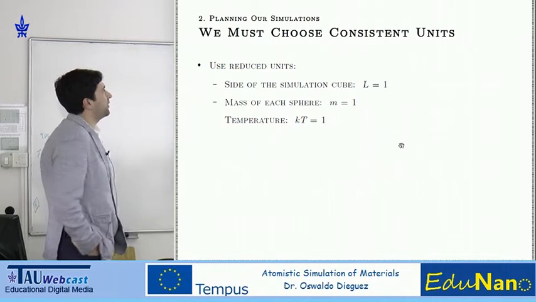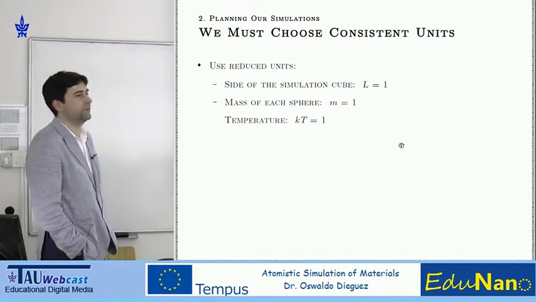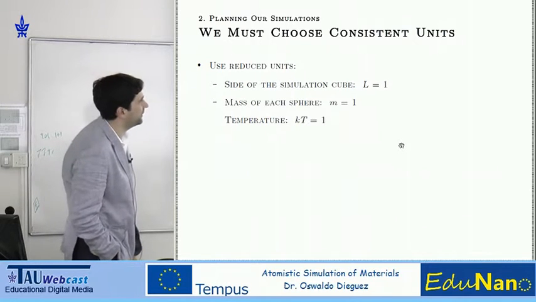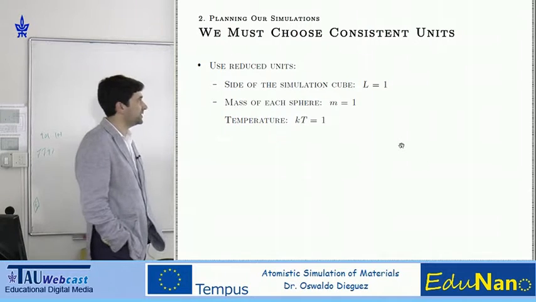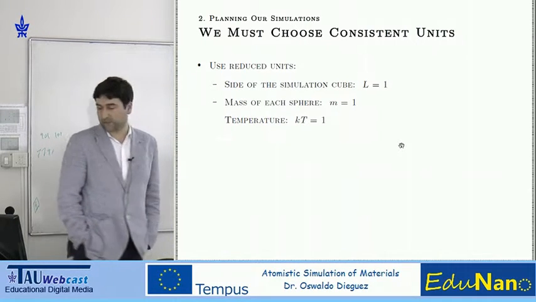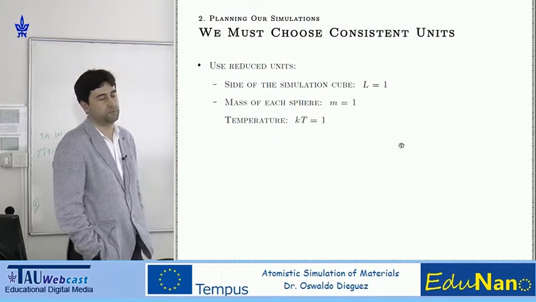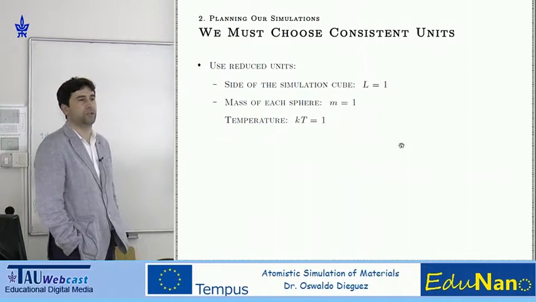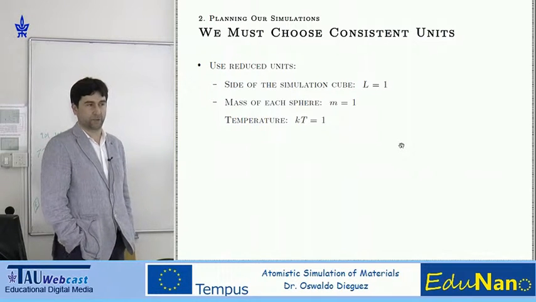So how are we going to implement this, or what do we have to think about? Well, a trivial thing you always have to do when you write a code, and many mistakes can be made already at this stage, is to pick your units. Like in DFT codes, you usually work in atomic units. You try to make the equations as simple as you can.